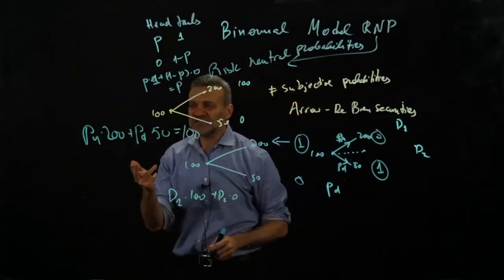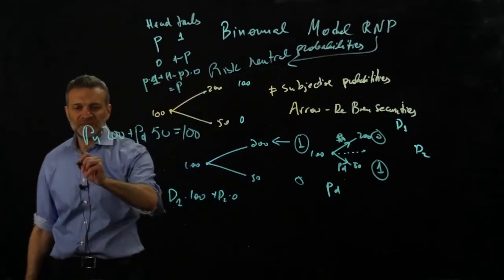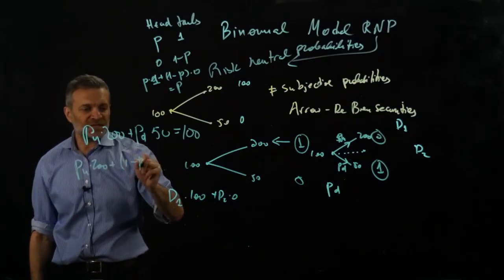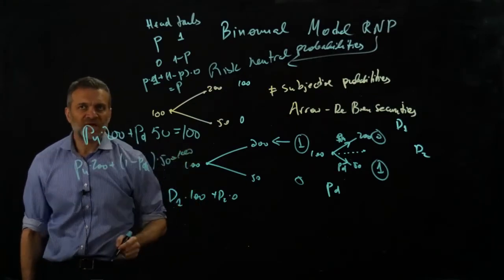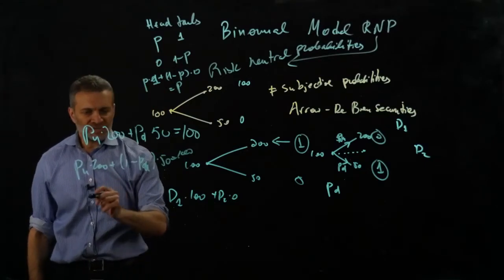So when you have something like that, PD and PU actually have a connection, because PU times 200 plus (1 minus PU) times 50 equals 100, okay? So what are you getting here?